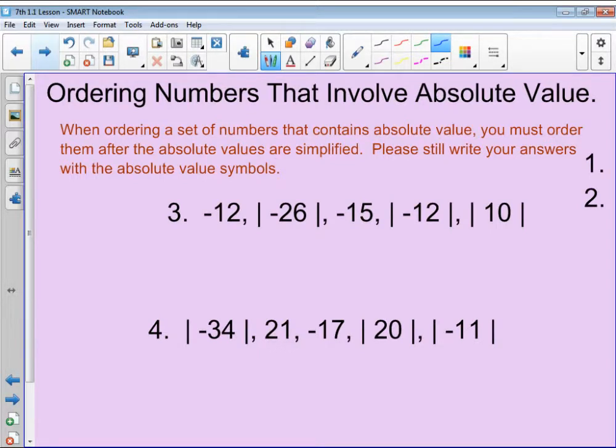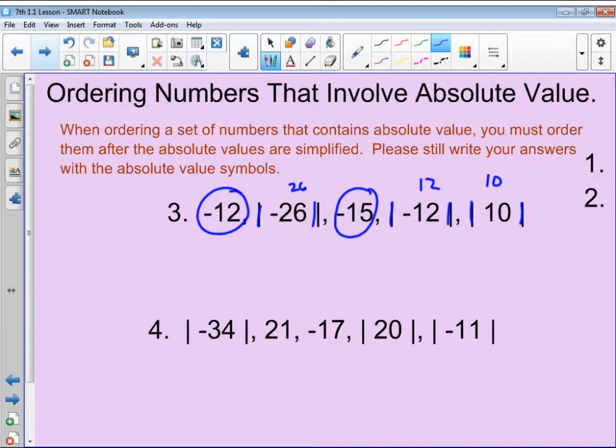Okay, so when I look at this, I'm going to start with these. Okay, so I've got those transformed. Now I'm going to work with my positive versus negative. Here I've got a negative and a negative.